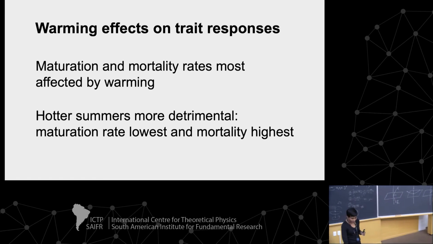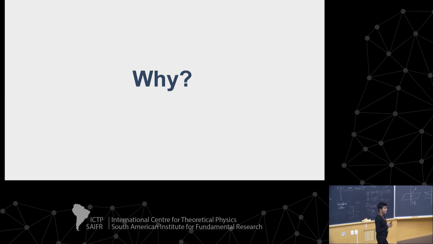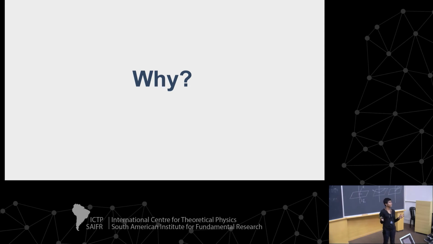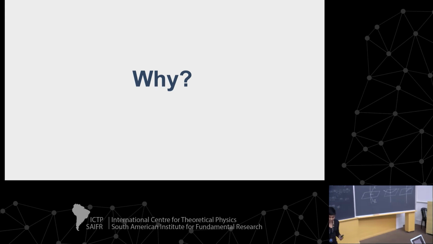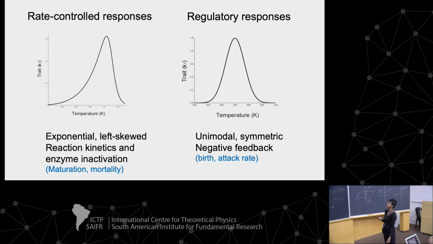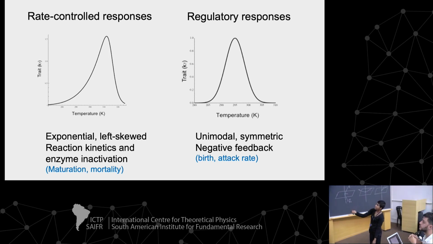Right. Okay. So here we come to that question that I am always preoccupied by: why? Why would that be the case? Why is it that mortality and maturation are the traits more severely affected by temperature and warming compared to the consumption and birth rates? To answer that, we have to go back and look at the qualitative forms of these responses. So the rate control responses, in development you have this left skewed response, in mortality you have this exponentially increasing response, right?